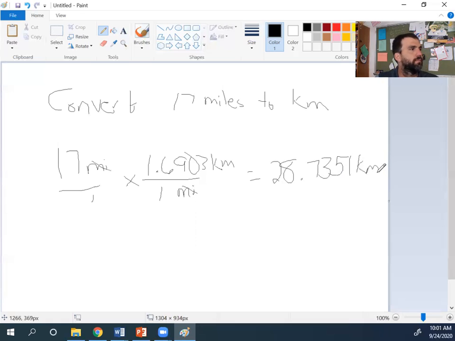So is that my answer? What's my fewest number of significant figures? So I need to round that to 2, so it would be equal to 29 kilometers.